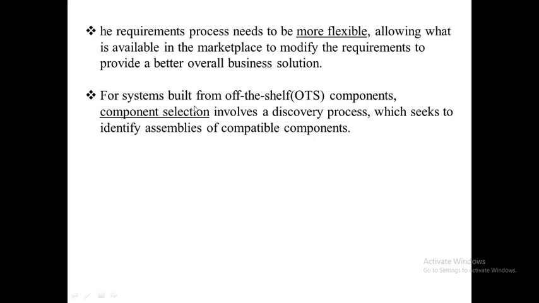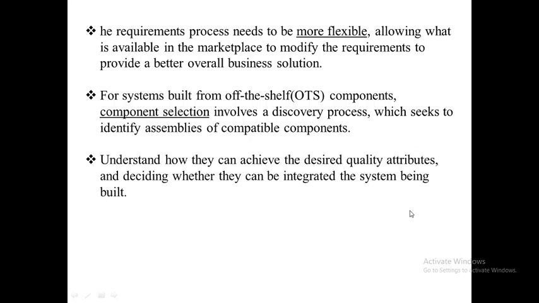For the systems built from the OTS, off the shelf components, component selection involves a discovering process which seeks to identify assemblies of compatible components. You need to concentrate on the compatibility list, understanding how they can achieve the desired quality attributes, and detecting whether they can be integrated with the system being built or not. That should be very important.